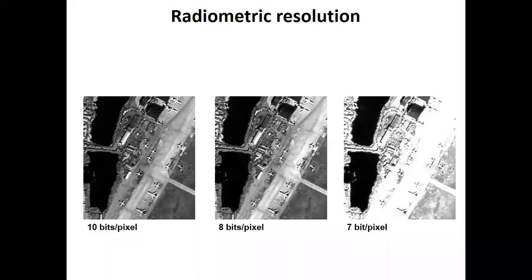But just remember, especially when you would like to save your satellite image as a picture, for example for a presentation, and you want to reduce the size of a file, you could try to reduce the number of bits per pixel. Just remember that it could affect the quality of the image.